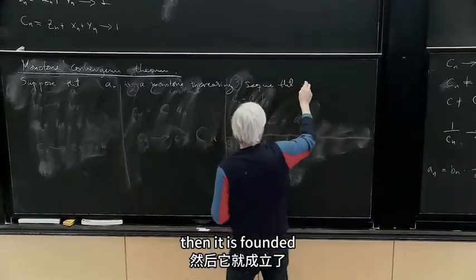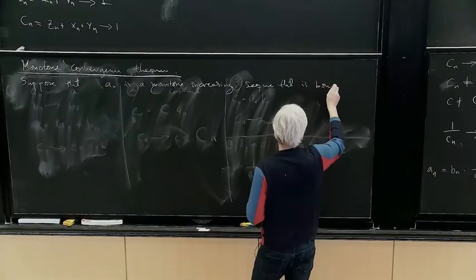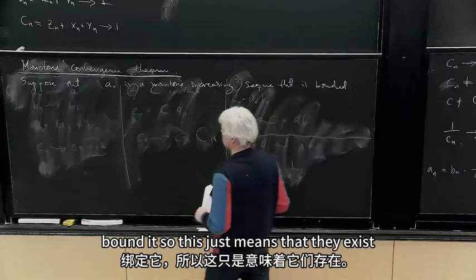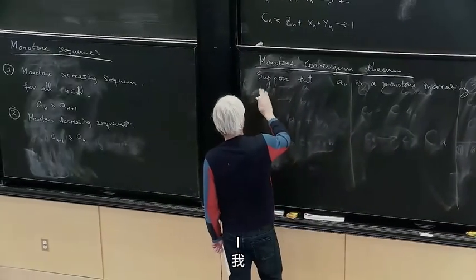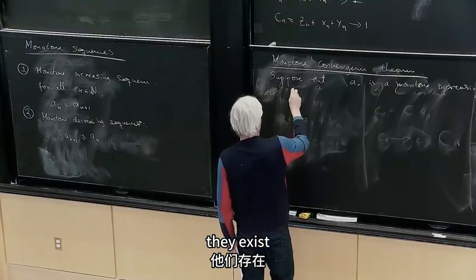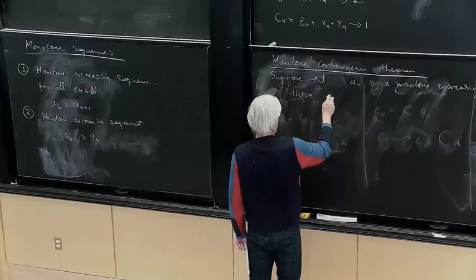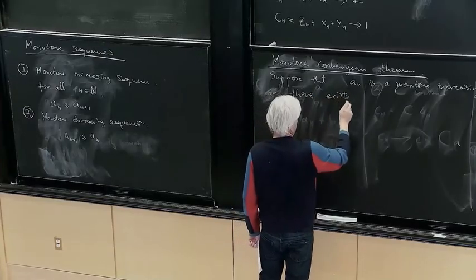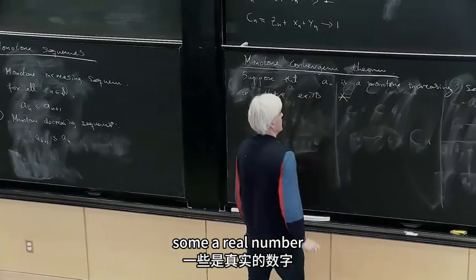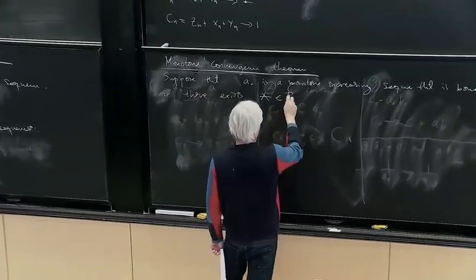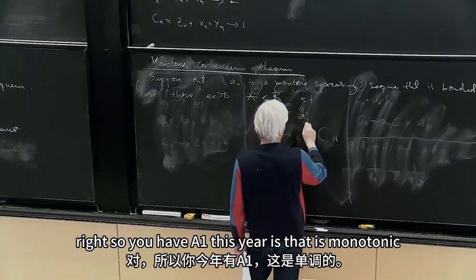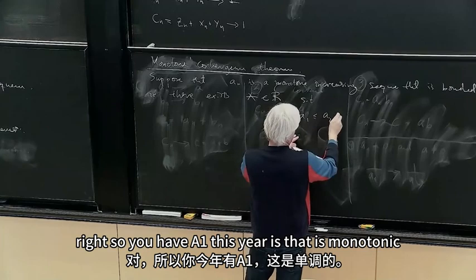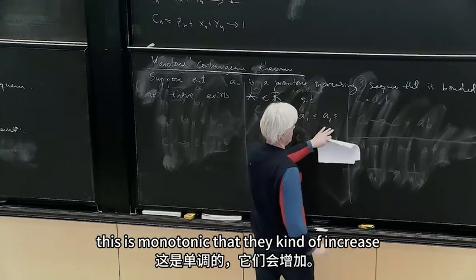That is bounded. Bounded just means that there exists a real number A so that, you have a_1, this is monotone, so they kind of increase.